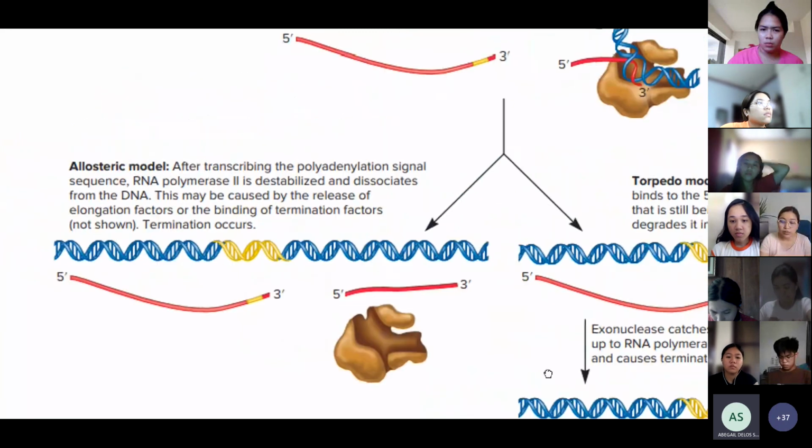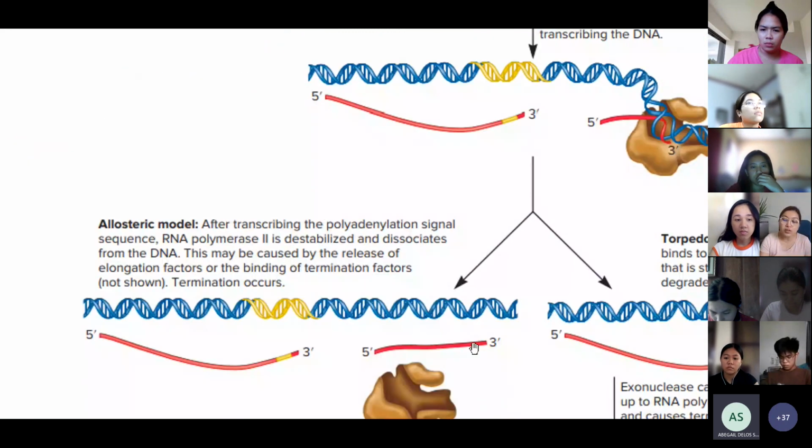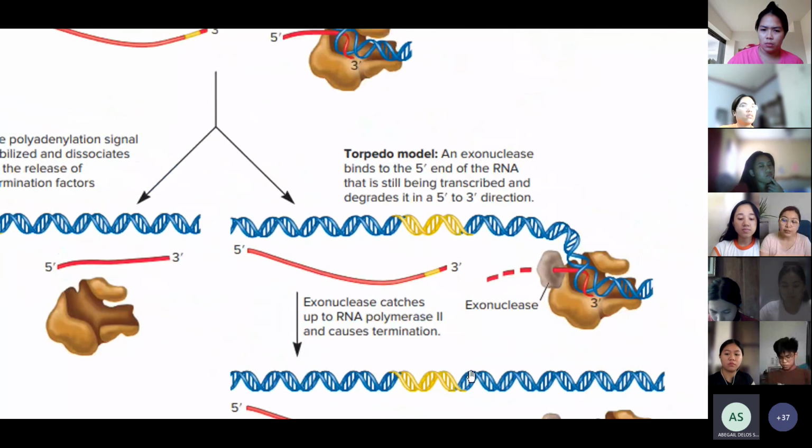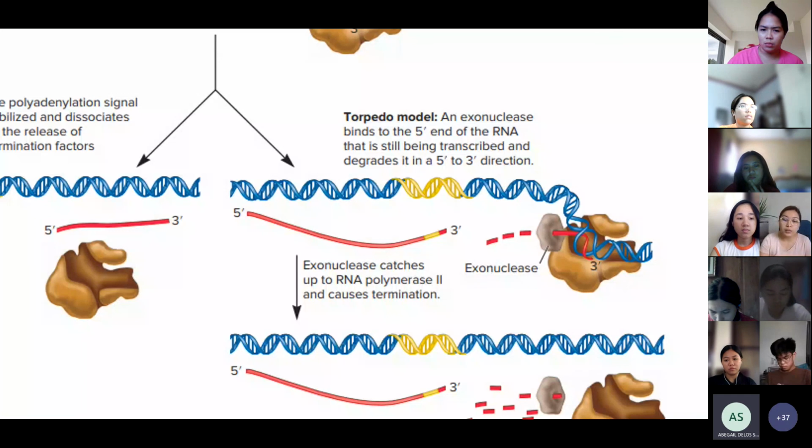It's not shown here, but they're just saying that there is simply dissociation because of the release of the elongation factors. We have the other model, which we call the torpedo model, which suggests that RNA polymerase II is physically removed from the DNA.